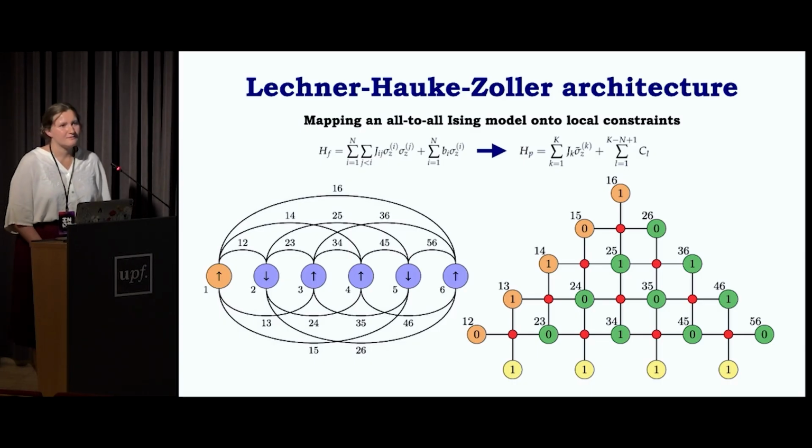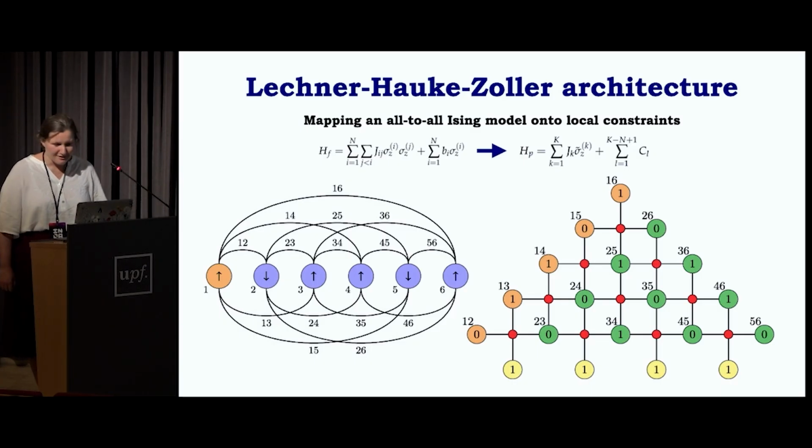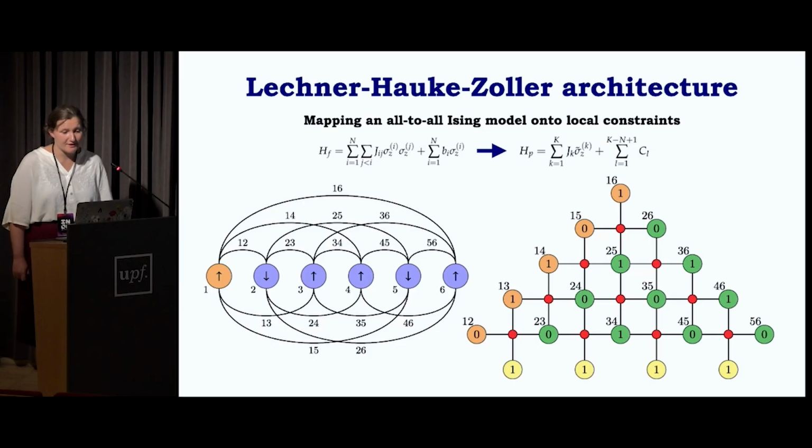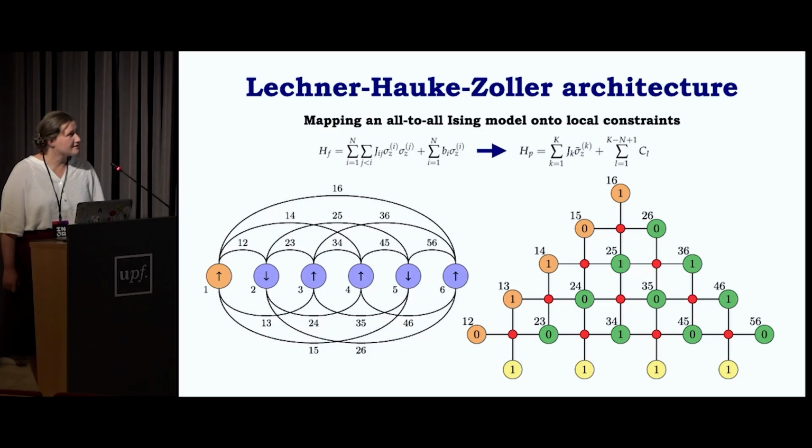Okay, so now, as I have like 10 minutes, I would like to introduce the LHZ architecture. We heard quite a lot about LHZ yesterday, so let me briefly recap the basics. Whereas D-Wave focuses on specific qubit topologies, there are alternative quantum annealing architectures that address the limitations of those fixed hardware topologies.